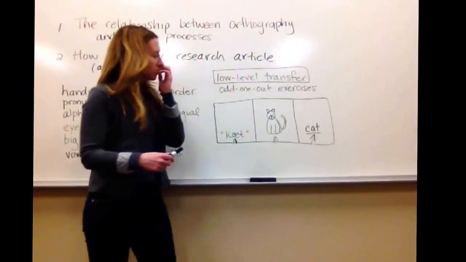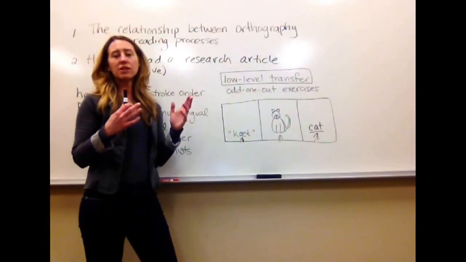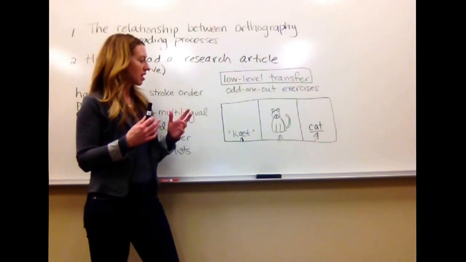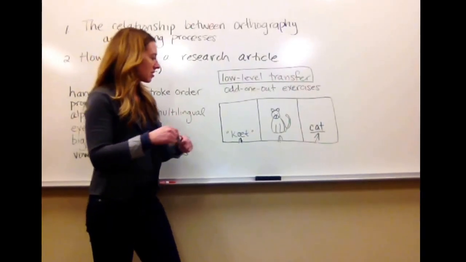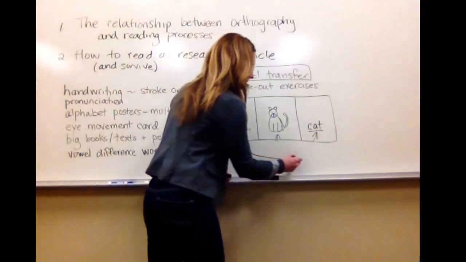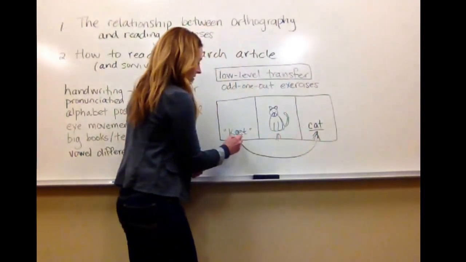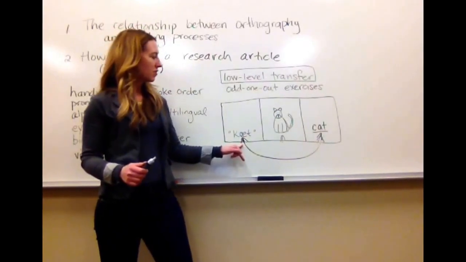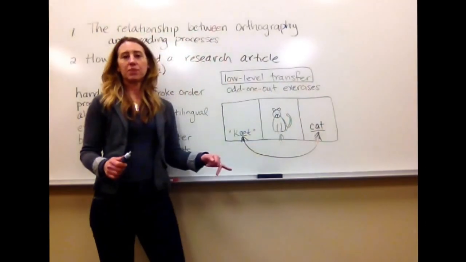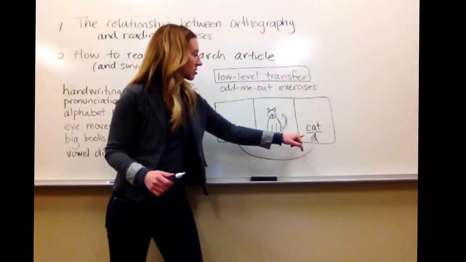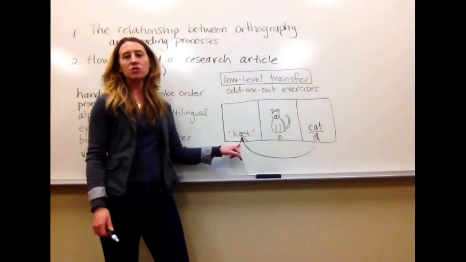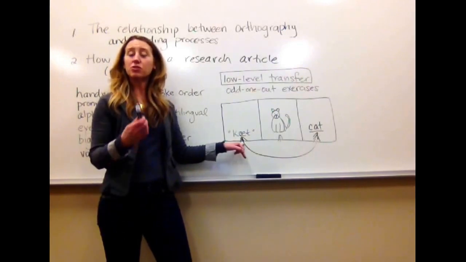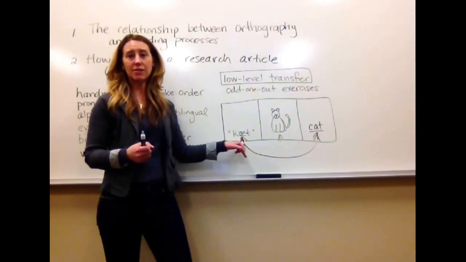So for someone in an alphabetic language, they are going to make a really strong connection in their memory between the phoneme and the grapheme. So when they say this, they will probably also be saying this to themselves in their heads. Or if they're a new reader, they'll actually be saying it.